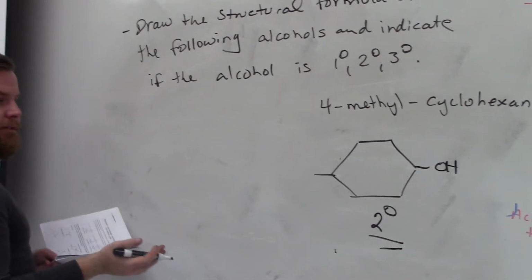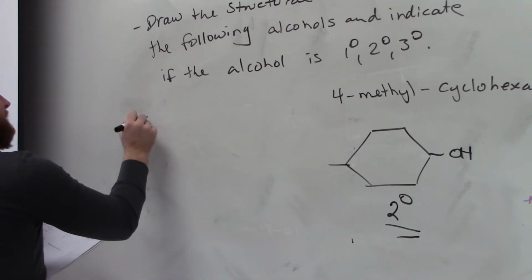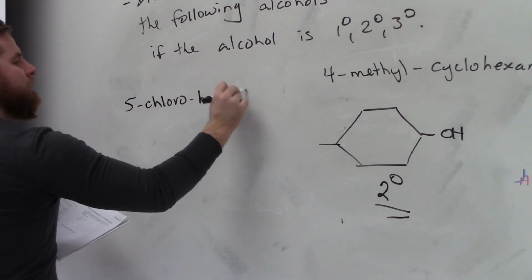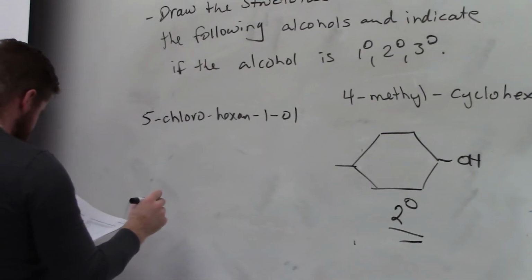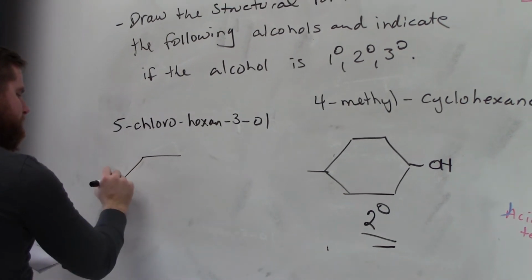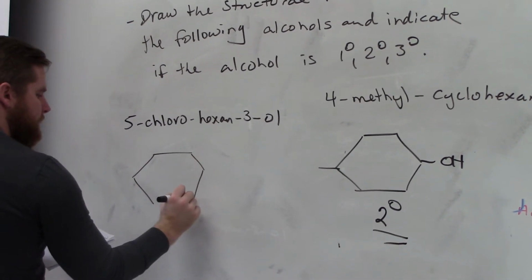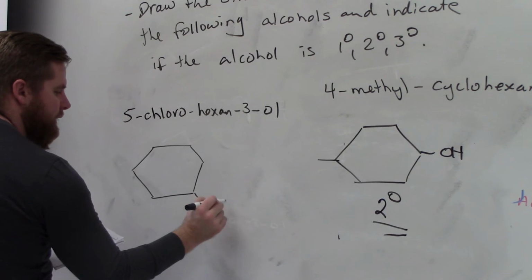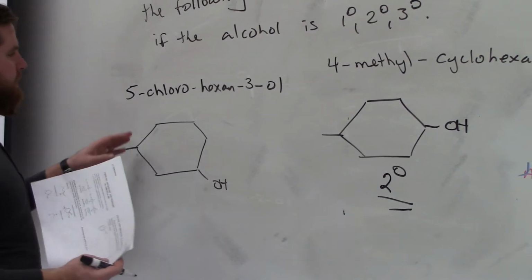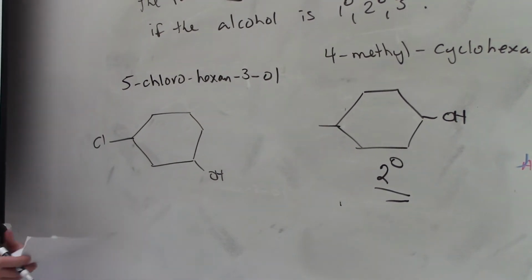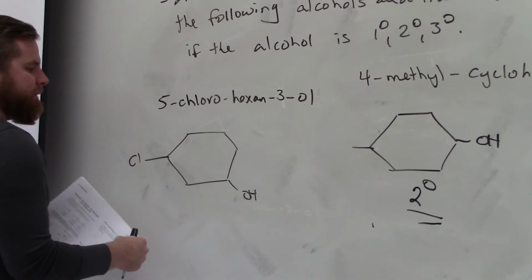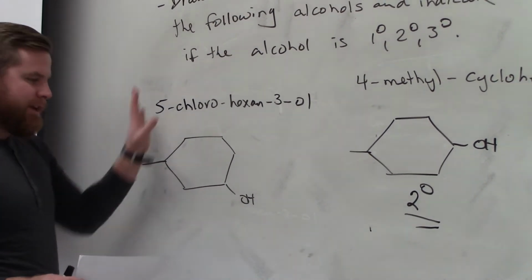Now I can have alcohols in combinations with halogenated hydrocarbons as well. So let's say this is 5-chlorohexan-1-ol. Or sorry, hexan-3-ol. Okay, so a hydroxide here. What this means is the chlorine will be 2 carbons away from the OH group. All right? So this is the structural formula for that. This is not actually how I would name this, so I would rename it properly.